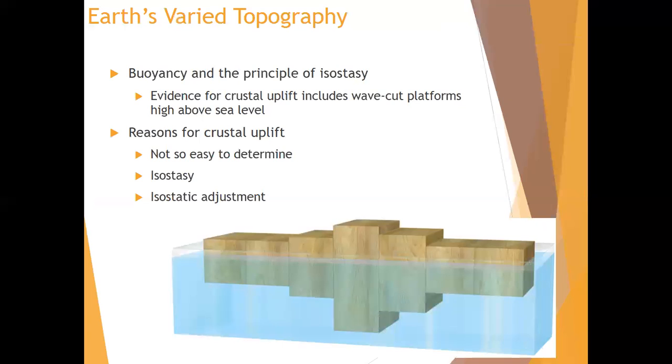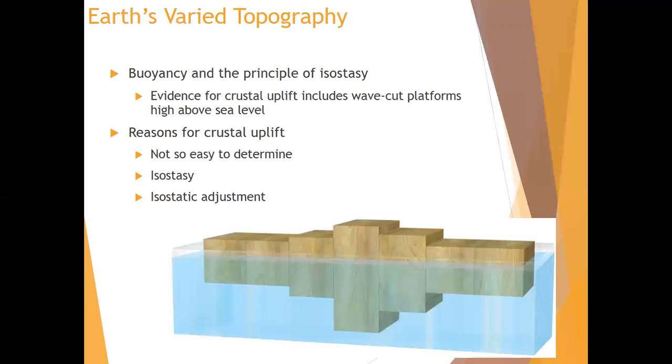This is used as evidence or related evidence for crustal uplift, because when you remove weight, the crust is going to uplift. Isostasy is related to this, and it deals with the idea that as you add and remove weight, the crust is going to be constantly searching for a new equilibrium.